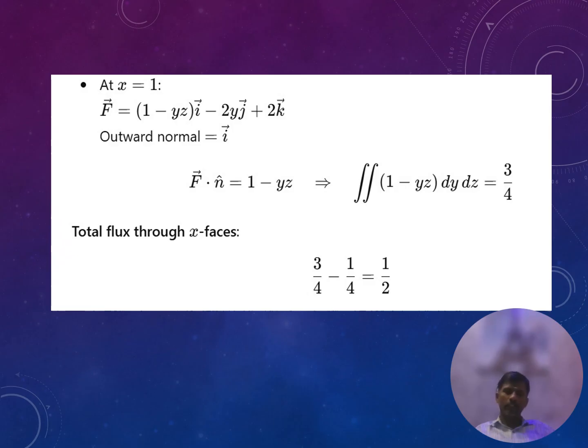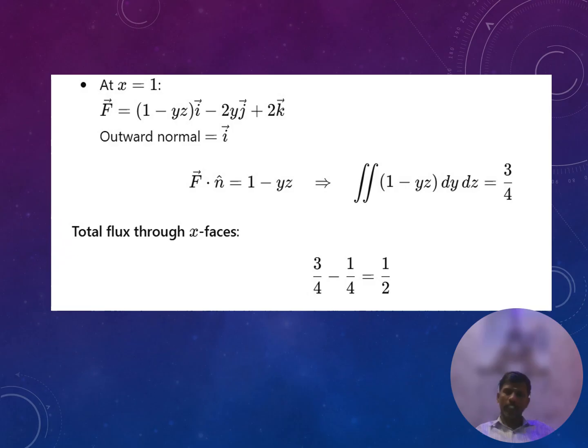Our surface integral is the double integral of F dot n cap dy dz, which is the integral of 1 minus yz. With routine calculations, the integral with respect to y gives y, in the range 0 to 1, minus y square by 2.